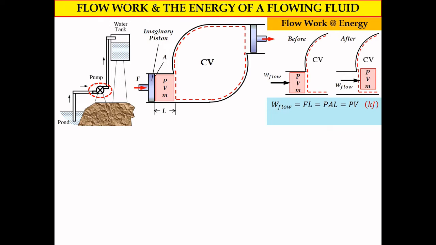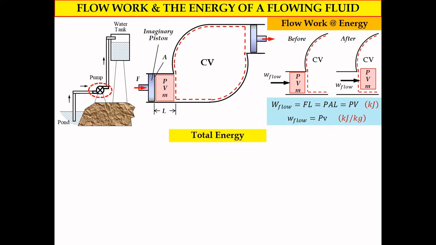A multiplied by L is equal to volume. So the final equation for flow work is pressure multiplied by volume, in kilojoules. However, if we consider per unit mass, we have small w flow equal to pressure multiplied by specific volume v, in kilojoules per kg.